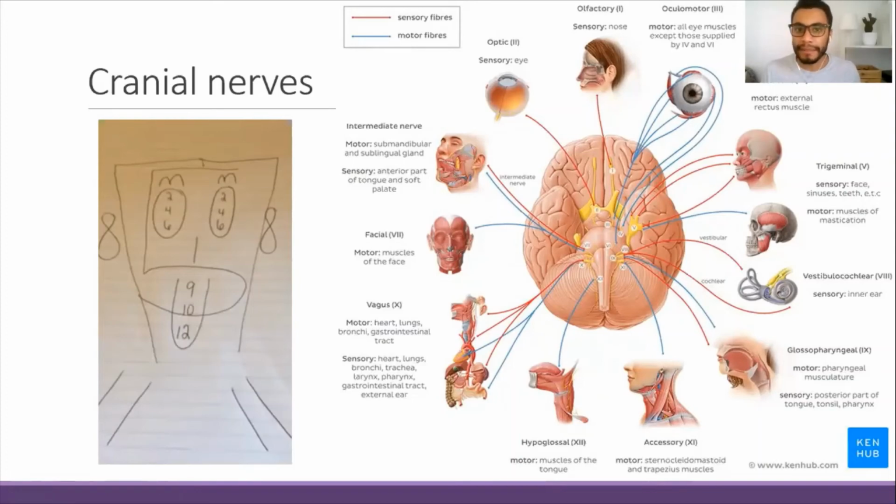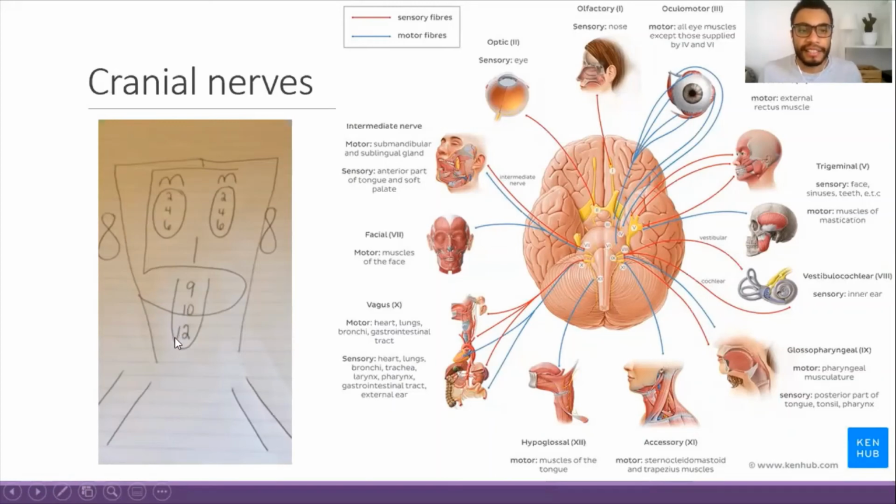It has many different functions, both sensory and motor, as we see here. The vagus can control the heart, lungs, and the gastrointestinal tract. So the vagus innervates many different viscera in the body.